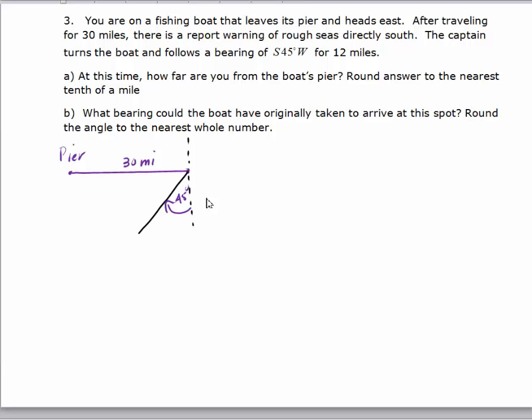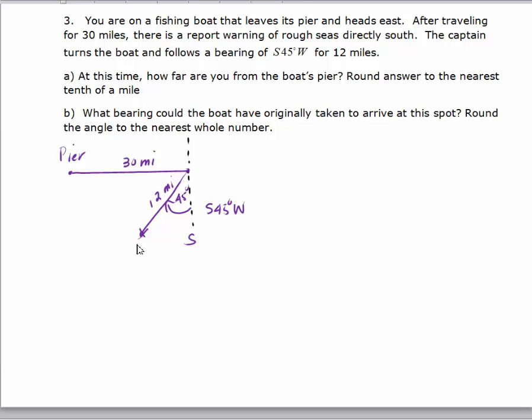This angle right here would be considered south 45 degrees west. Right, from the south, and then we move towards the west. And that distance right there is 12 miles. So at this point in time, this is where the boat is, right here.